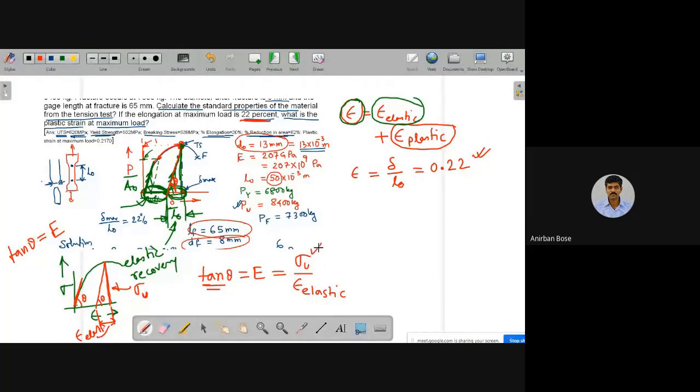Now you know already what is sigma U, because on the last page we have done that part. What is the stress corresponding to maximum load? You know the tensile strength value, and you already know what is E because that is given in the problem.